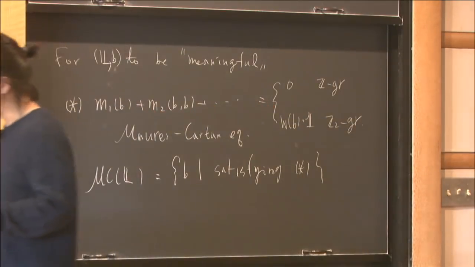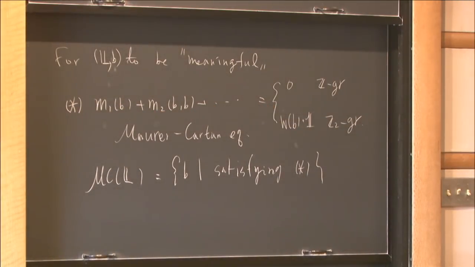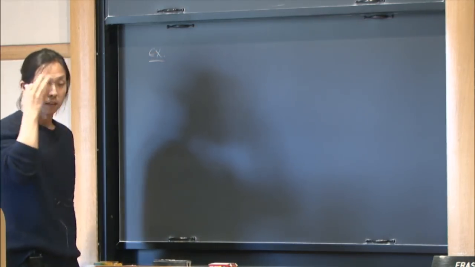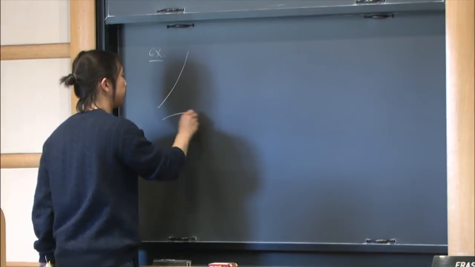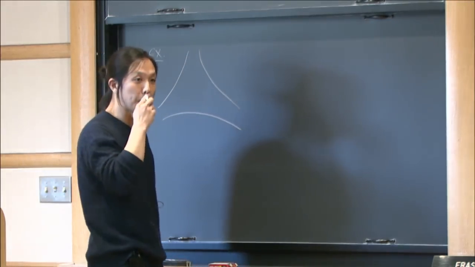To give you a more concrete feeling, I'll do a very simple example, which is just the pair of pants. All right, example 1. I have this pair of pants, which is a 3-punctured sphere.